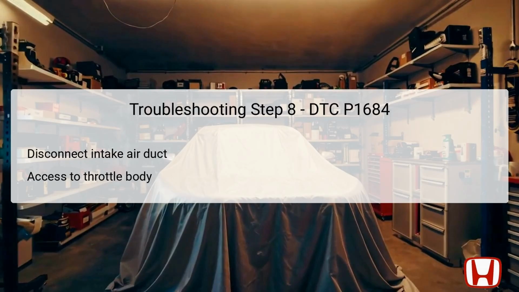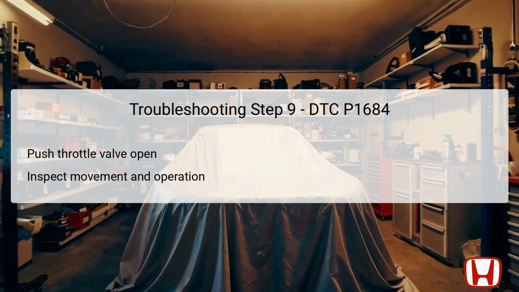This step is vital for preparing the throttle body for the subsequent inspection, helping in verifying whether the throttle valve is functioning correctly. Ensuring a clean and accessible throttle body area allows the technician to examine the physical mechanisms adequately, which is critical when dealing with concerns highlighted by DTC P1684.